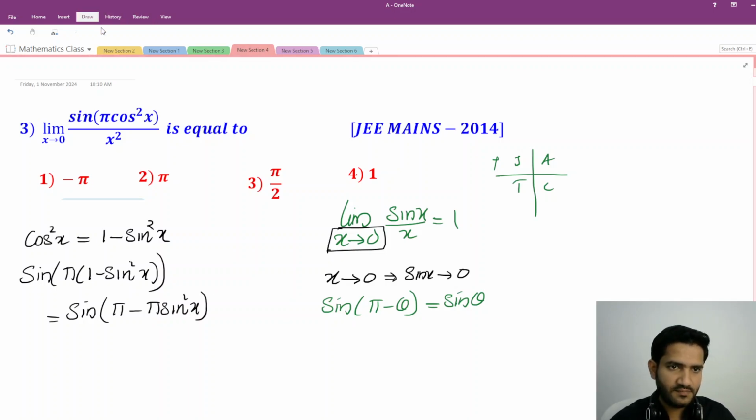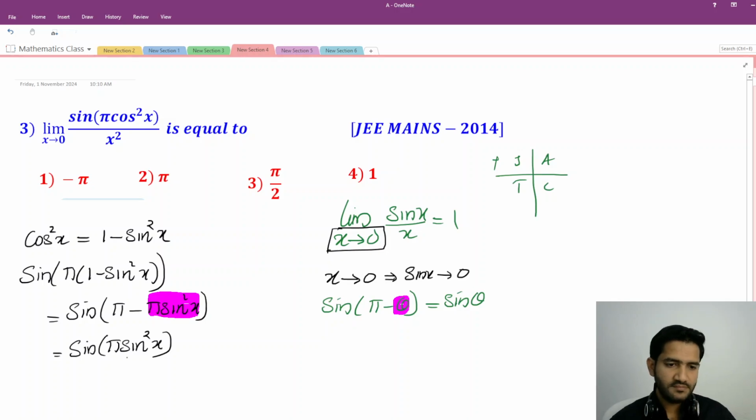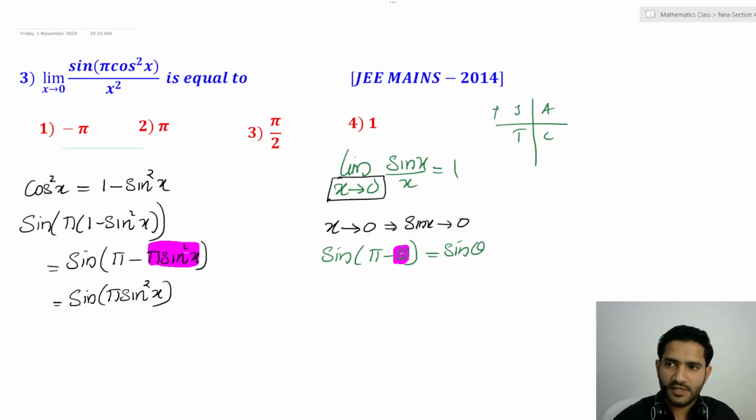But here, instead of theta we have the entire function pi sine square x, so theta here is pi sine square x. Now we are finding the limit. The question is to find the limit.